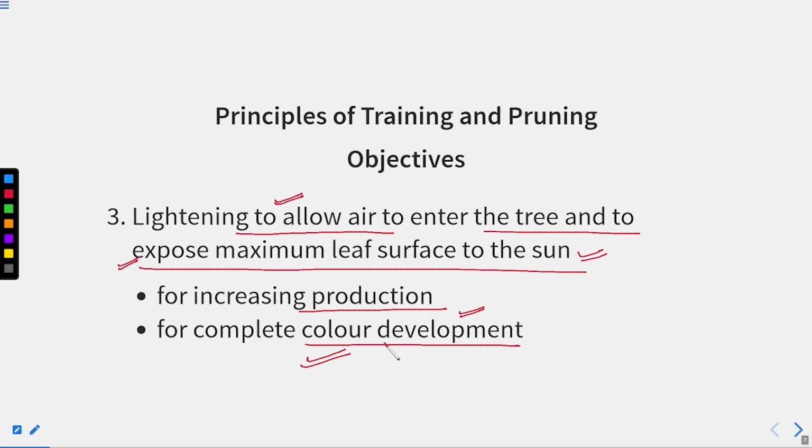And if they are not getting proper sunlight, then the plant will not have good production, meaning proper photosynthesis. If there is no proper photosynthesis, there will be less food available to the plant, and in that way the growth of the plant will be affected. So it is very important that the exposure to light should be proper.